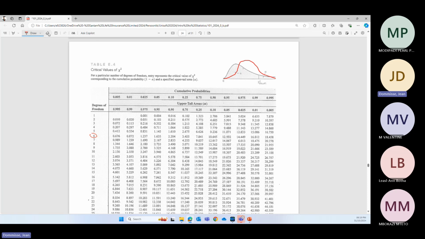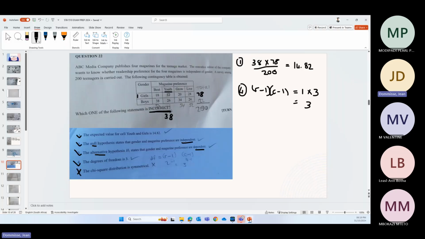Okay, so definitely a chi-square is not symmetrical. So that was the incorrect one. And we could see now out of that table even that it is not symmetrical.